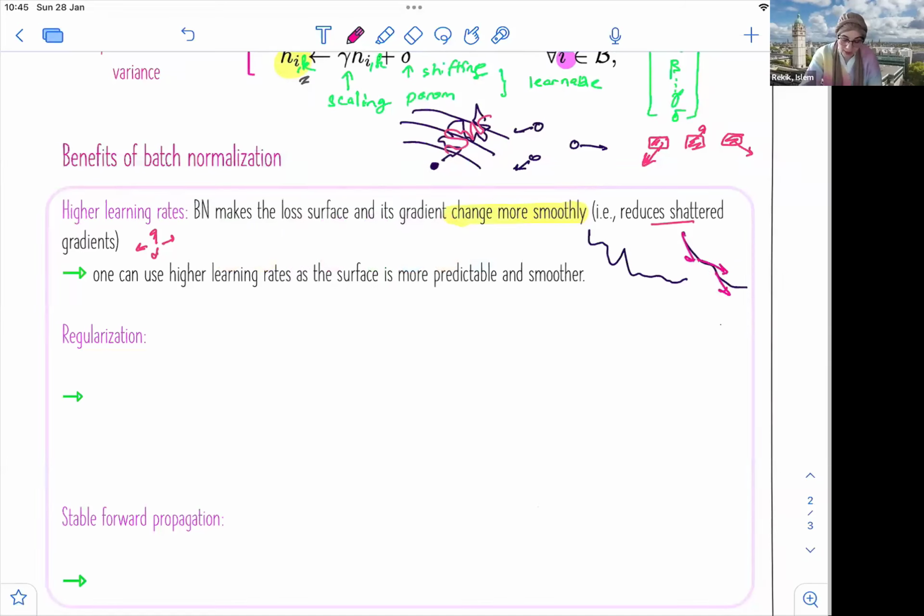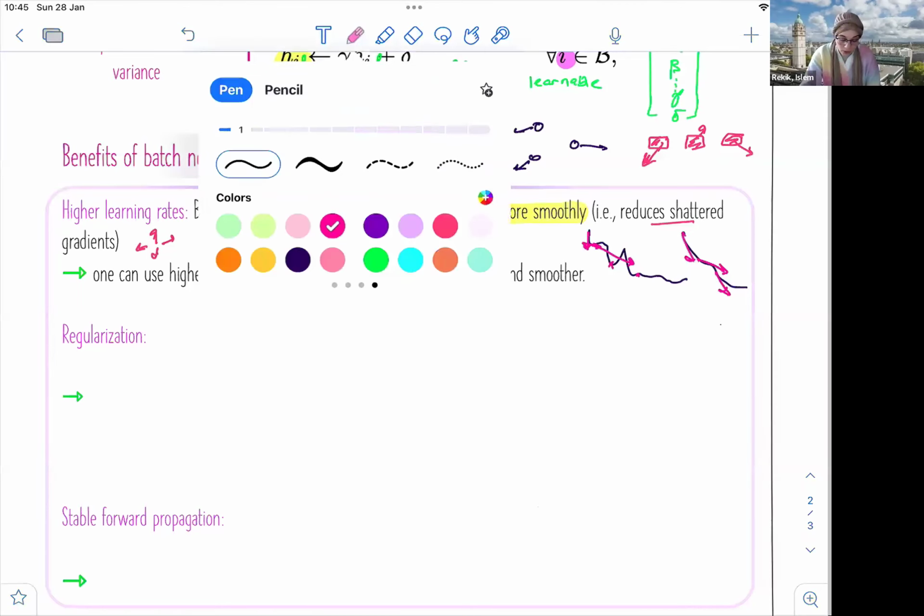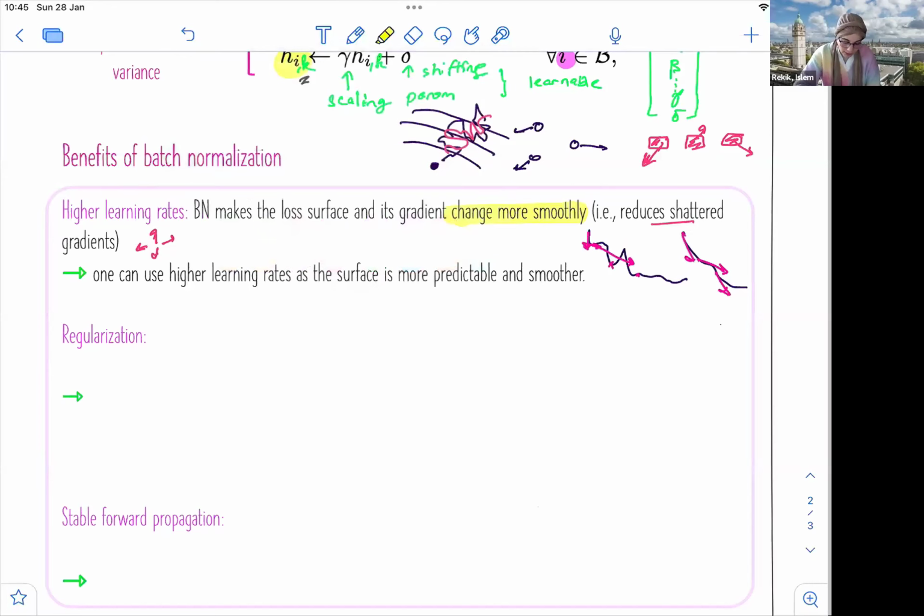But if it has a lot of narrow areas, then you cannot use a high learning rate, so you need to decrease it. For example, if I use a big learning rate here, I may miss some local optimum, and maybe I wouldn't find something better later on, because the loss changes dramatically and quickly. So, yes, we can use higher learning rates with batch normalization.